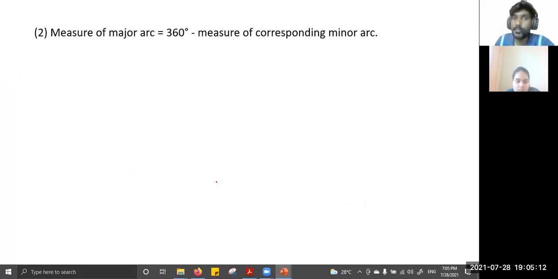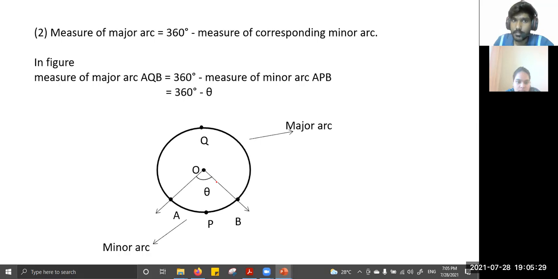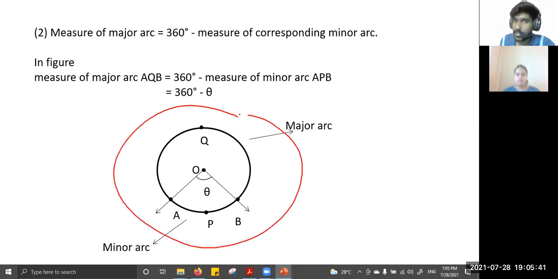Let's see the measure of the major arc. Now, do you know the measure of an entire circle? An entire, complete circle measures how many degrees? 360. Okay. So the complete circle is 360 degrees. And suppose you know the measure of the minor arc.